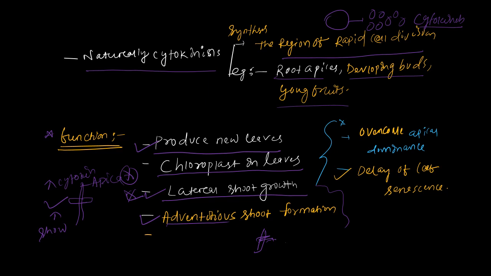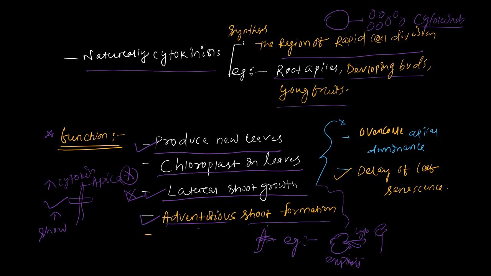For example, if you take the internodal part of an explant, it has the capability to grow into a new plant. At this point, if we add cytokinin, it helps to grow adventitious shoots in this explant. So this is the example of cytokinin in adventitious shoot formation.